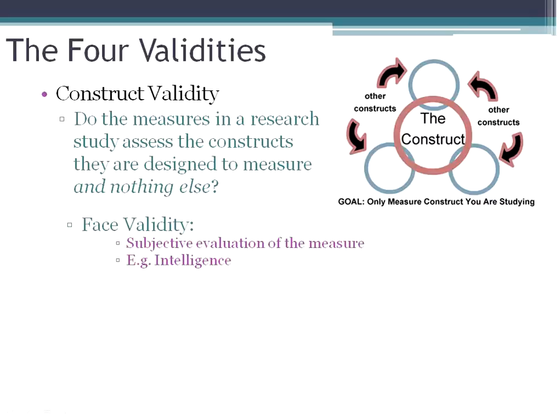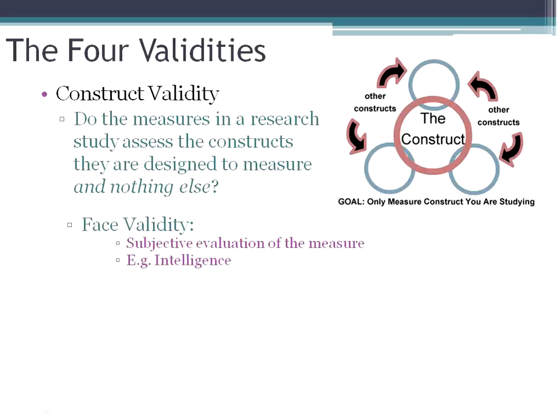Now, how do we know whether our measures are valid? There's a few different forms of construct validity that we can talk about. So face validity, and you can think about construct validity as sort of the overarching heading here, and then the rest of these validities sort of fit as subpoints within construct validity. So face validity is subjective evaluation of the measure.